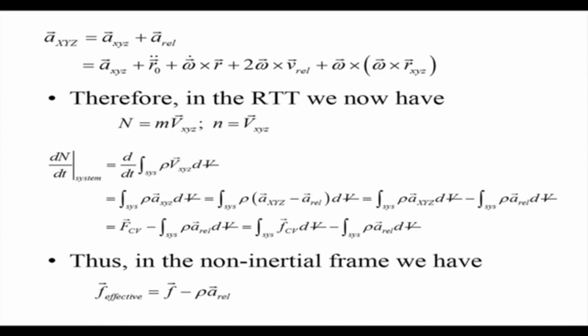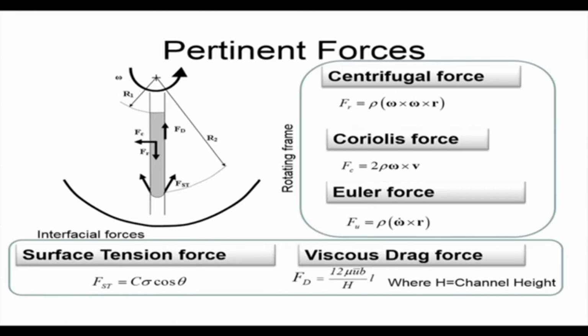This is because of the velocity of the fluid relative to the rotational reference frame, and this is the so-called centripetal or centrifugal term, depending on whether you are expressing it in terms of force in the rotating reference frame or in terms of acceleration with respect to the inertial reference frame. So you can see that if you are considering forces, there are several types of forces coming into the picture. These additional terms come into the Navier-Stokes equation because of the rotation that we have seen.